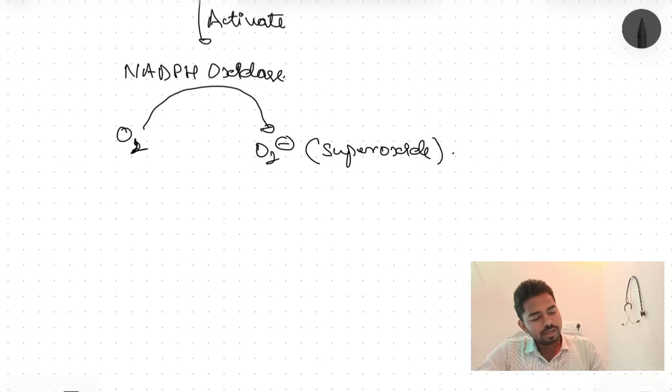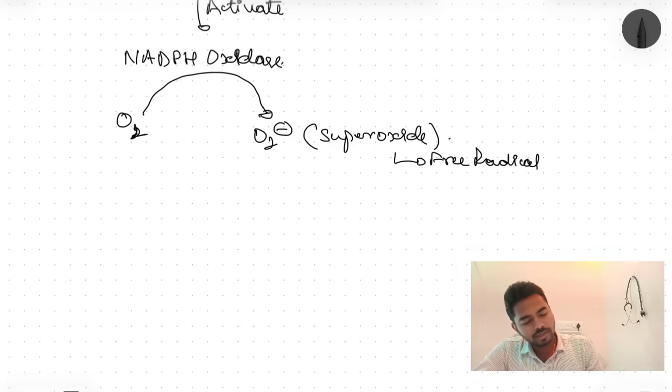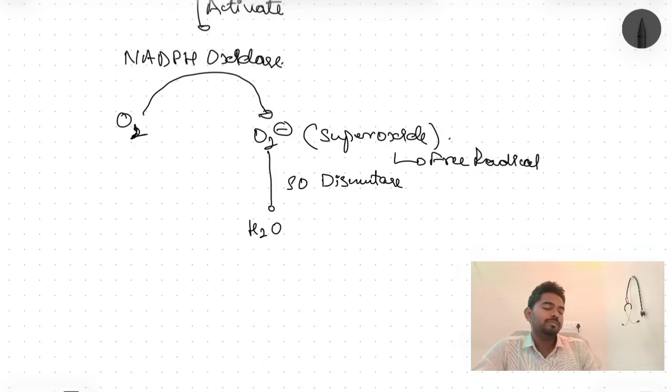If you remember, guys, superoxide is a free radical, right? And in the presence of the enzyme superoxide dismutase, hydrogen peroxide will form. This hydrogen peroxide is also a free radical.